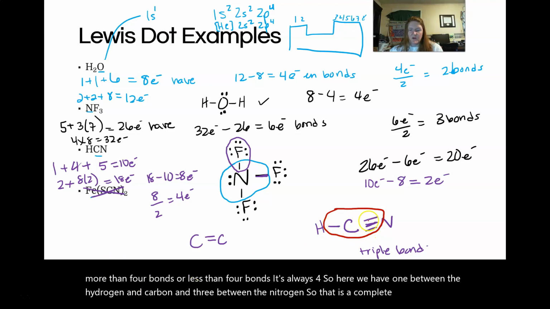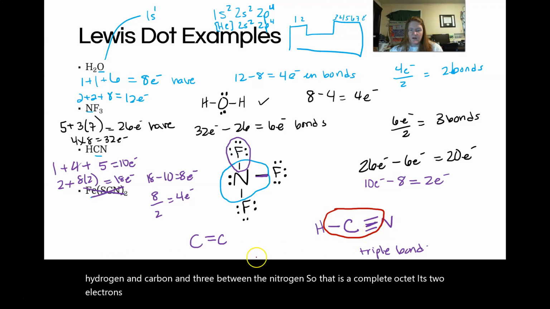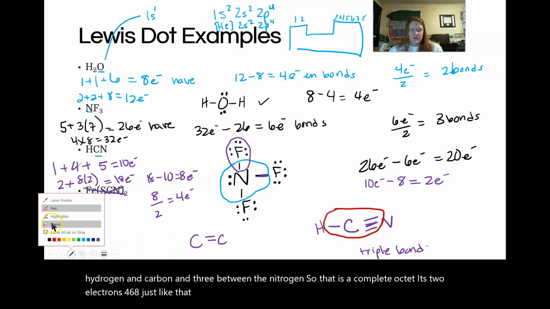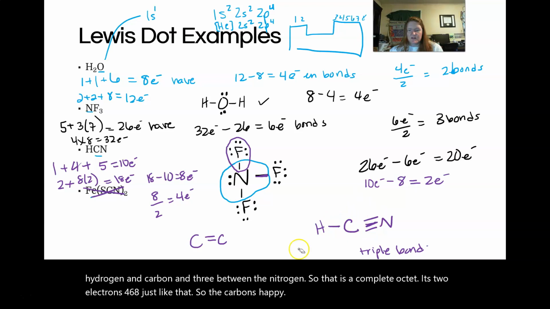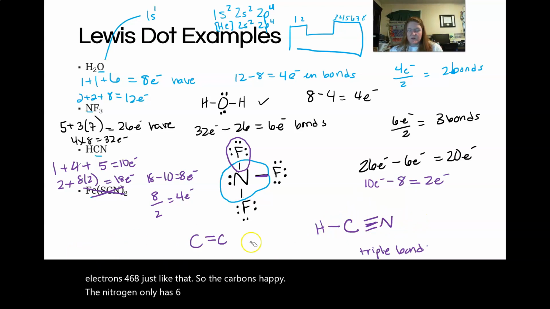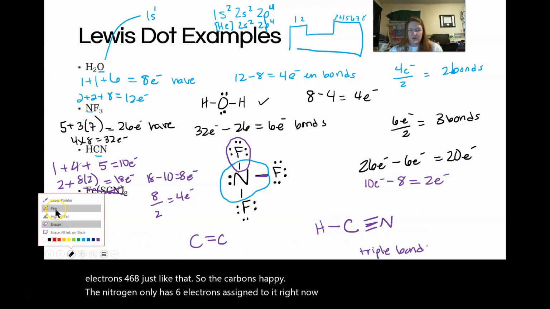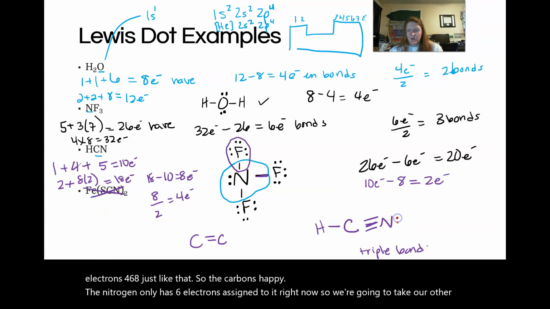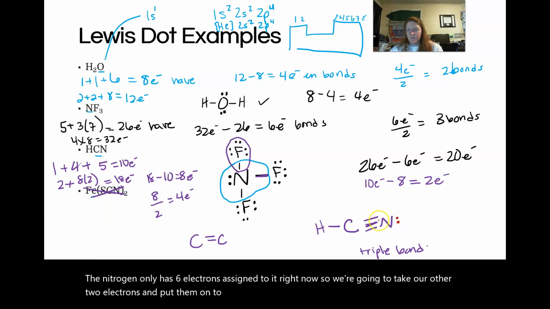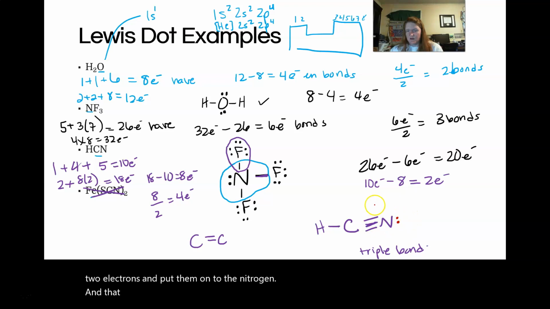It's 2 electrons, 4, 6, 8, just like that. So the carbon's happy. The nitrogen only has 6 electrons assigned to it right now. So we're going to take our other 2 electrons and put them onto the nitrogen. And that means now nitrogen has an octet, hydrogen is complete, so everybody's happy. So this is hydrogen cyanide.